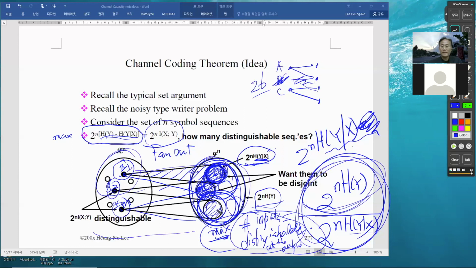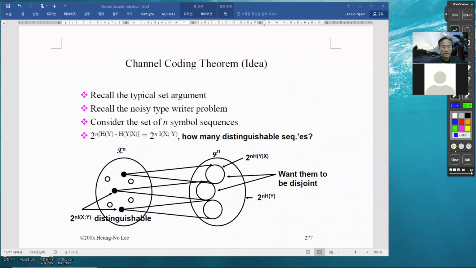But if the fan-out effect is smaller, because the channel is less noisy, then you can have many smaller balls packed inside this typical set of outputs.